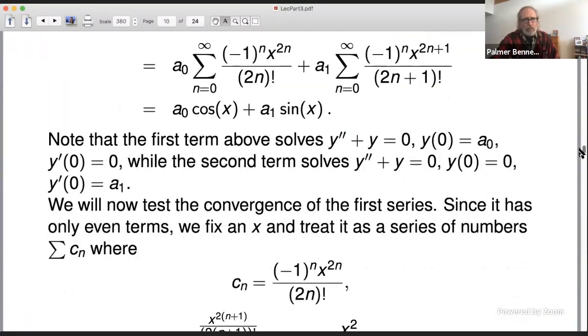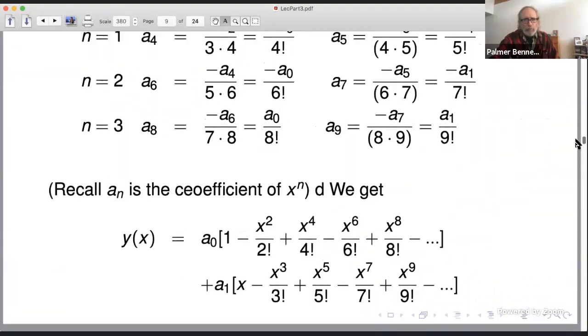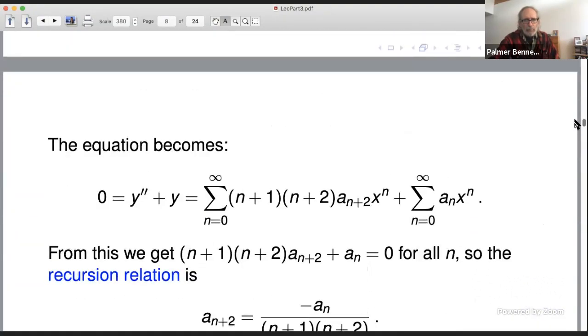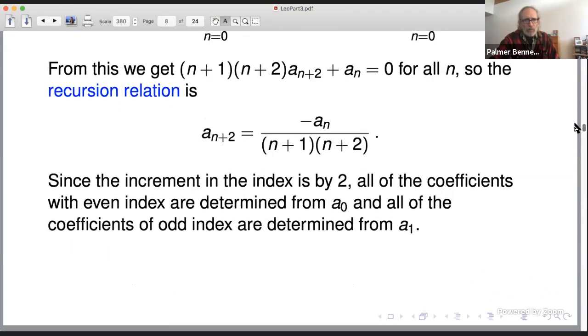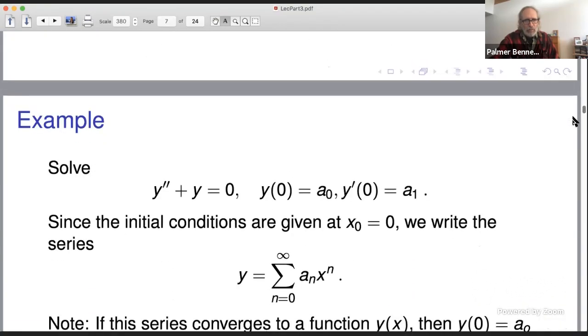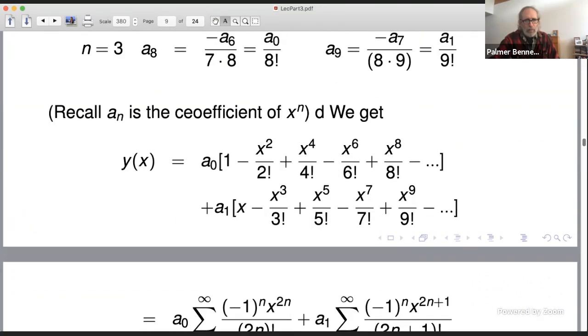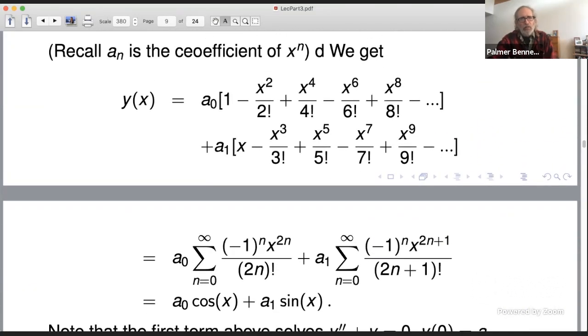And there's a trick here. You could do the following. The other series could be handled similarly, but there's an easier way to do it. So we had these two series, which are the solutions. We just showed the first series converges.